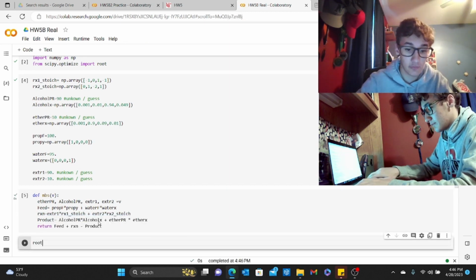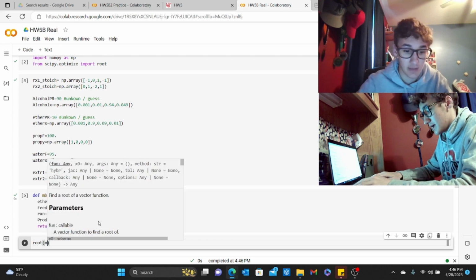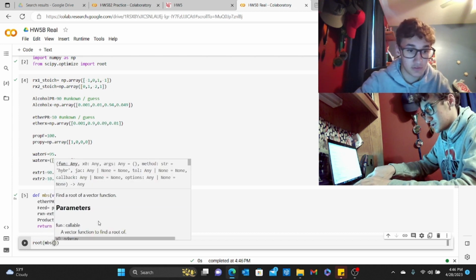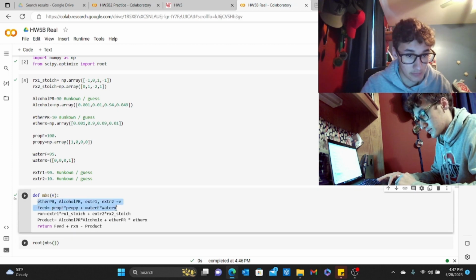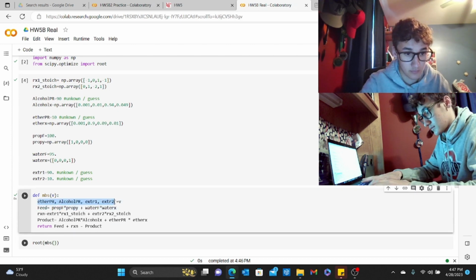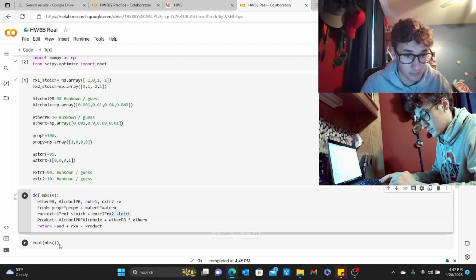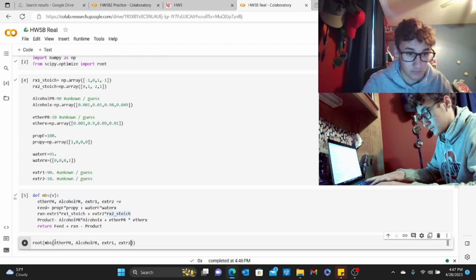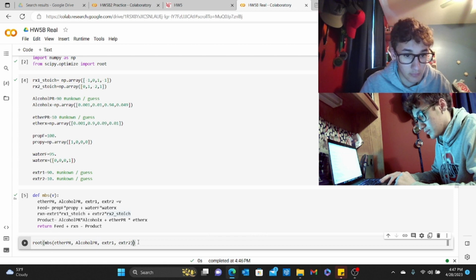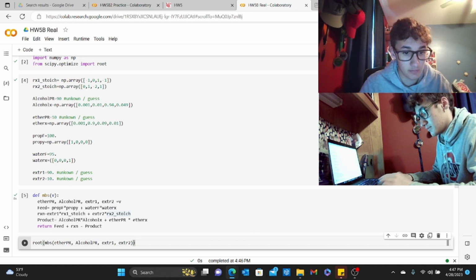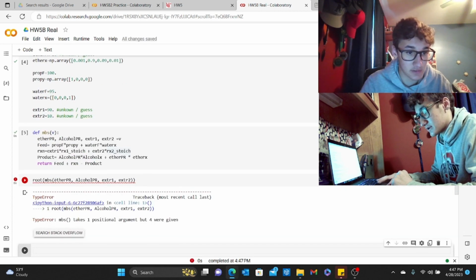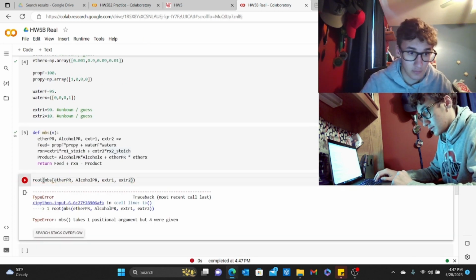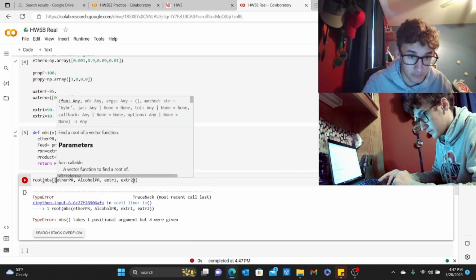So we're going to do root of the function, which is MBS, which is then, let me copy this. And I believe that should be it. This might need to be in brackets, but we will find out. Yeah, so this is just going to need to be in that, I believe.